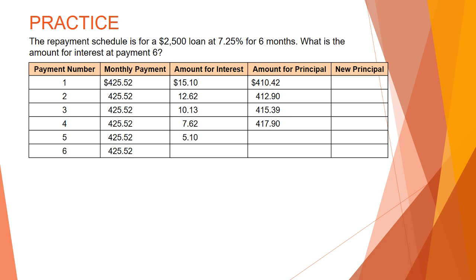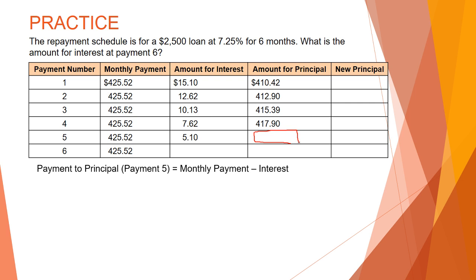Alright, for this question right here, same thing, we're looking for the amount for interest. Now, here's a little interesting part though. Remember, in order for us to find the interest, we have to find out what the principal is. But we're missing something here.